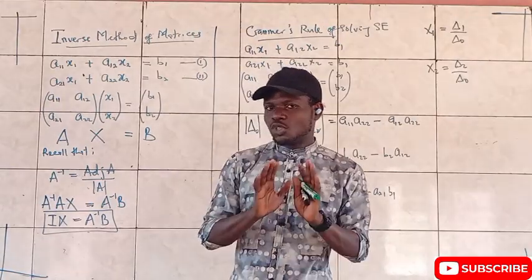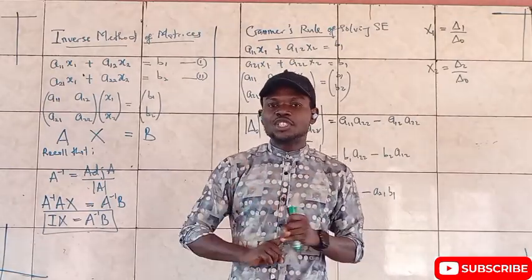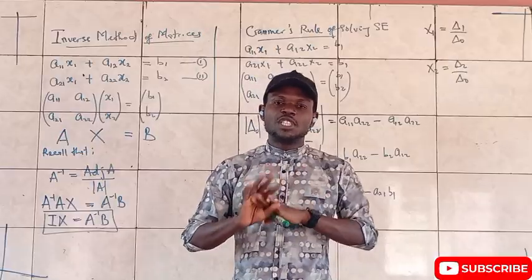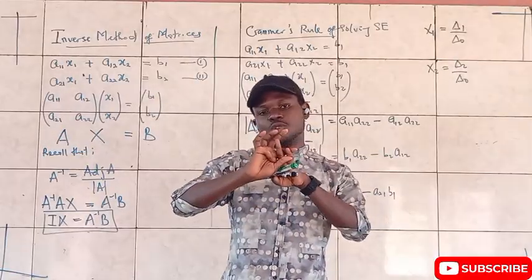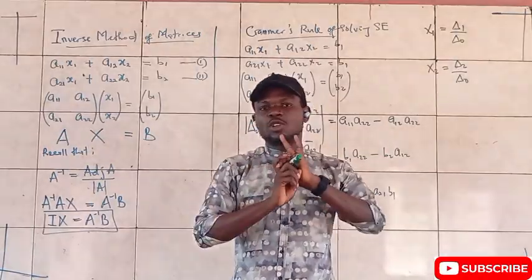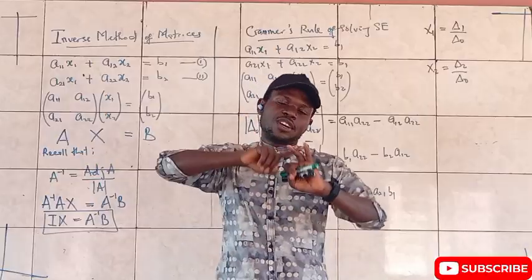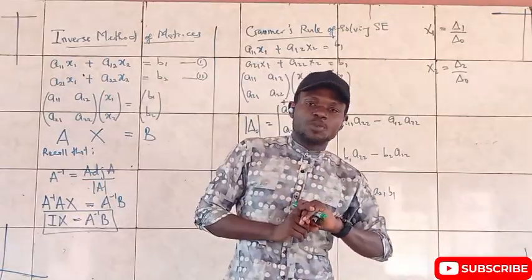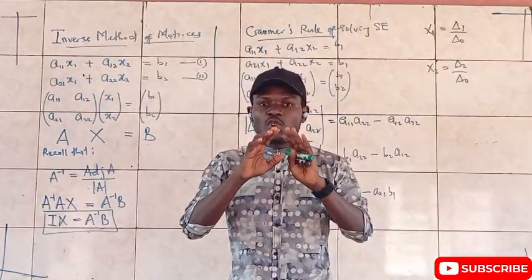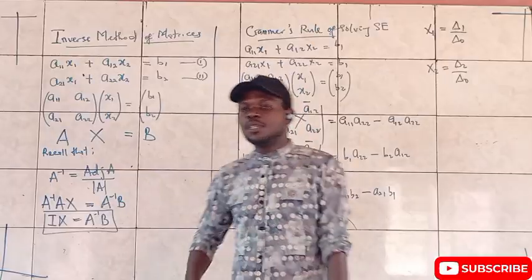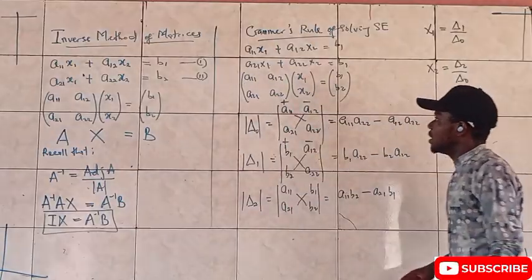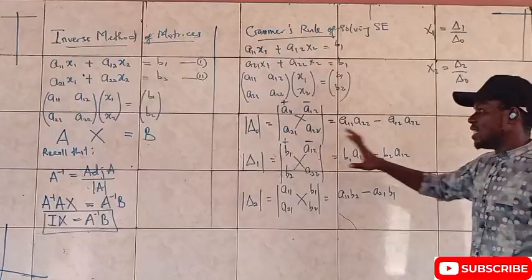Now I'm bringing another one to you, called the matrix method. Under the matrix method, you can discuss 3 other methods: the inverse method of the matrix, the Cramer's method, then the Cyrus method. But we are focusing on 2 today: the inverse method of the matrix and the Cramer's method, and these are the blueprints.